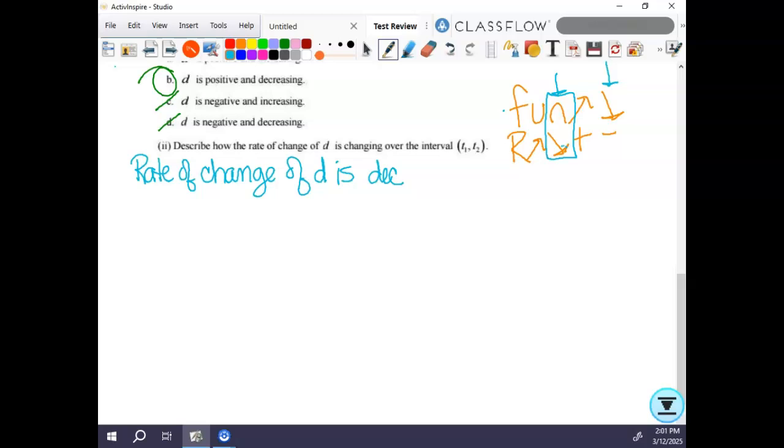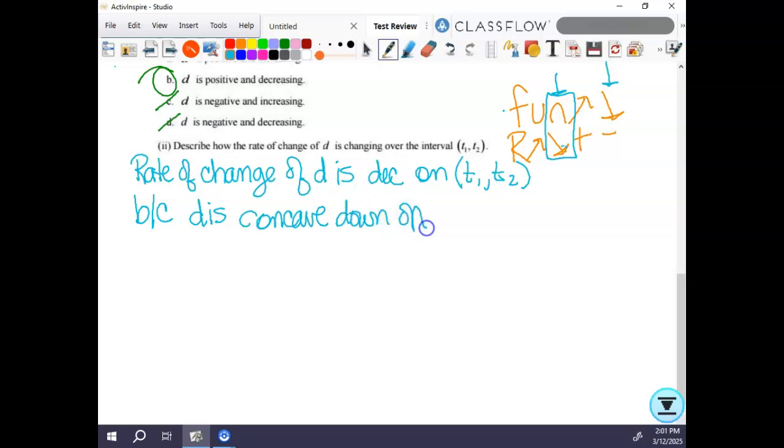No, so we have to mention the interval. Is decreasing on T1 to T2, okay? And we know that because D is concave down on T1 to T2.